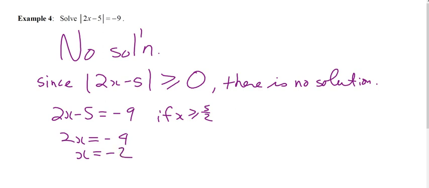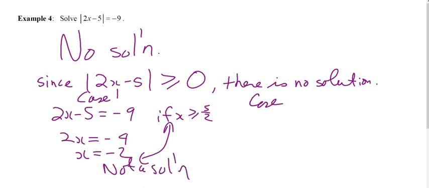So in case 1, we would say just use the normal 2x minus 5 if x is greater than or equal to 5 halves. But if we solve this, we now have a problem, right? The solution we get is x is equal to negative 2. But the case we're solving says that x has to be greater than or equal to 5 halves. So problem, right? So this is not a solution. So here, case 1, not a solution.